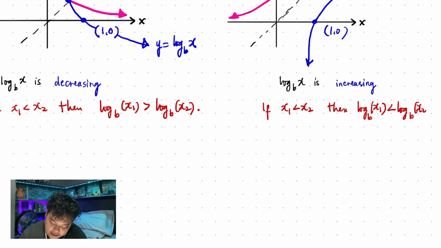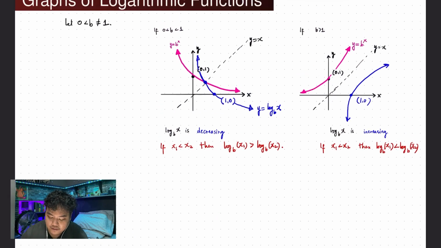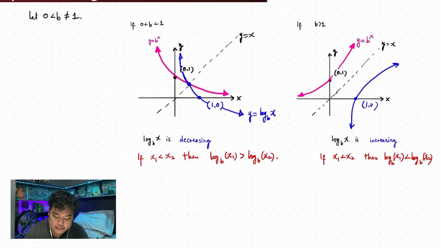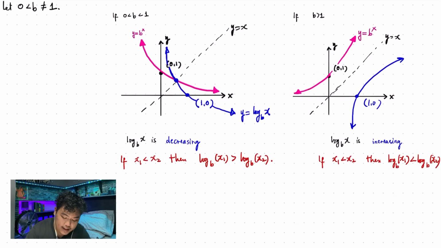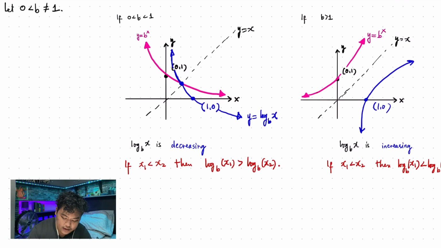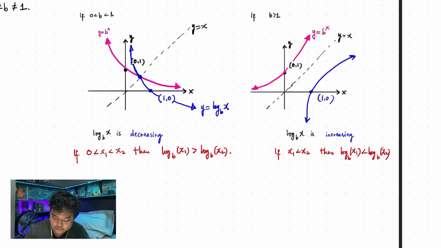So, nakadepende sa value ng b kung mag-flip yung sign or not. So, kapag 0 to 1 yung b, mag-flip yung sign. If greater than 1 si b, hindi mag-flip yung sign. Of course, yung x1, x2 mo rito are positive kasi pinapasok mo siya sa logs. Okay, so, of course, x1 and x2 are positive. Lagyan nga natin ng x1 greater than 0. So, para automatic na pareha silang positive.